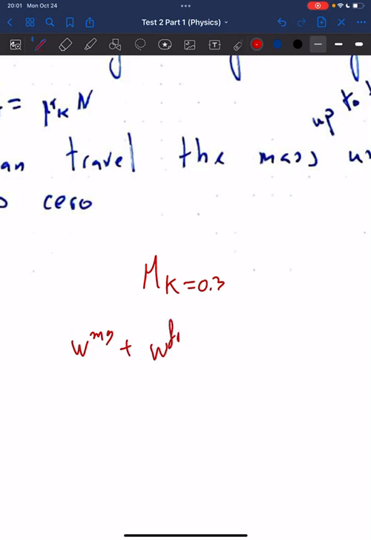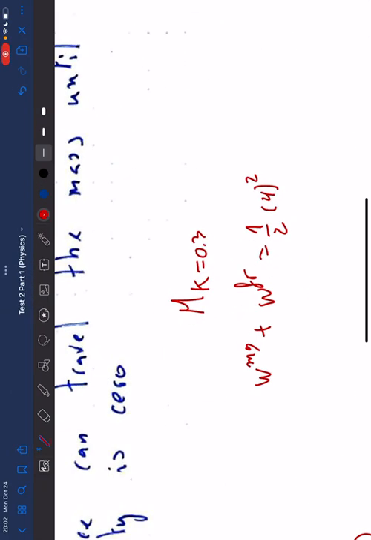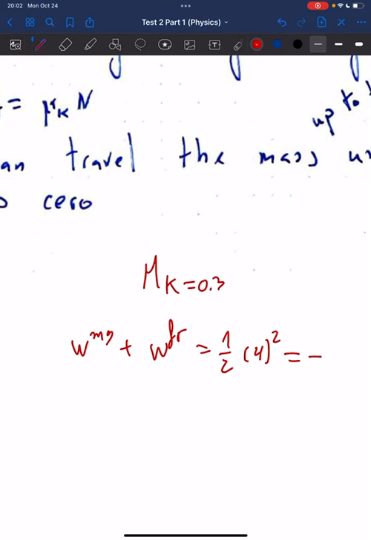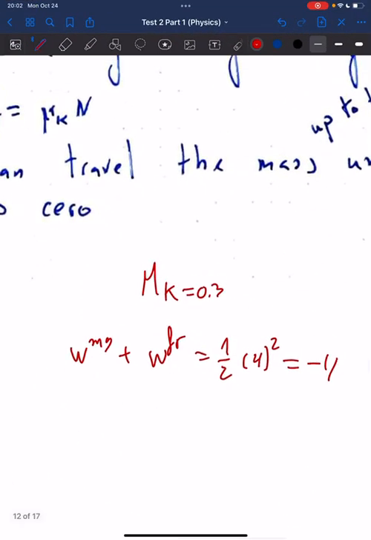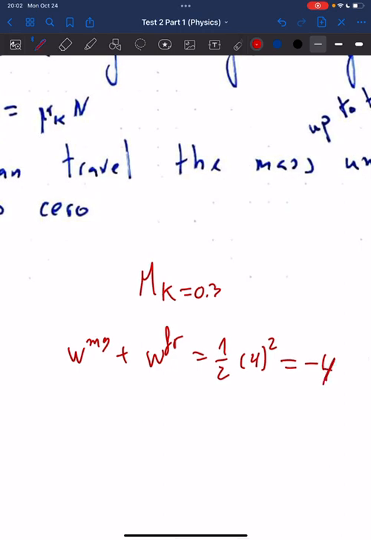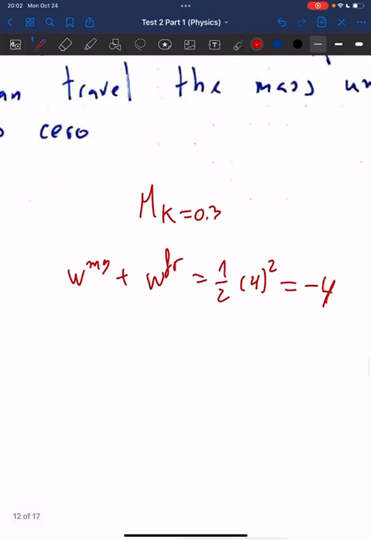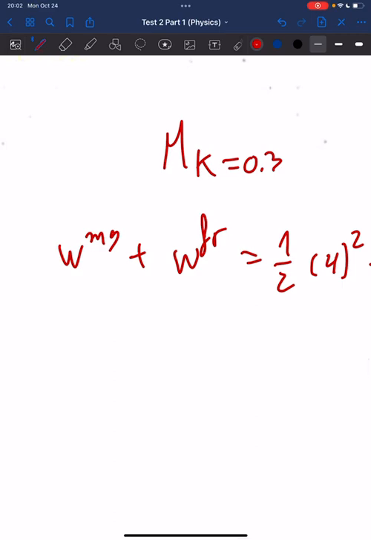So it's half times 4, which will equal negative, but we are going to be using mg with the influence of y1 and negative y2.